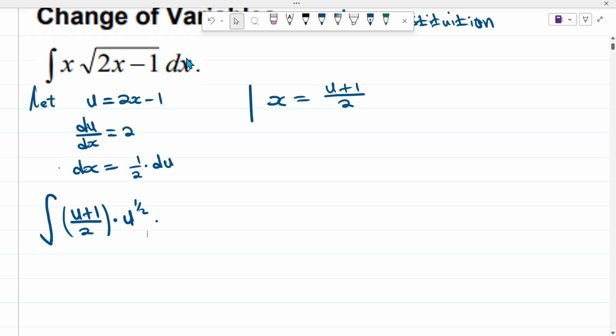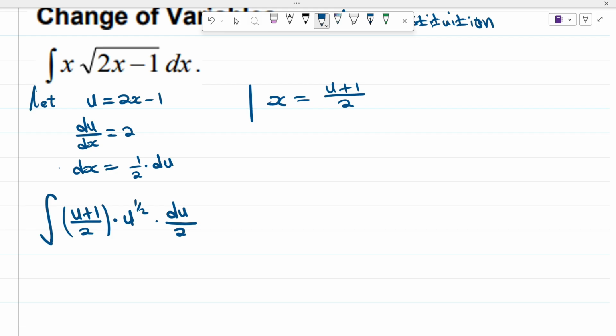And then we have our dx here, which is equivalent to 1 over 2 du. So this is du over 2, just like that.